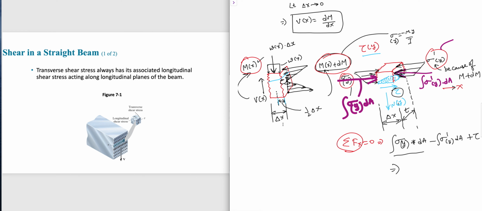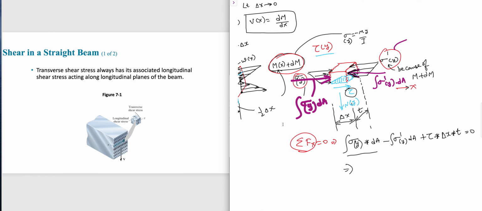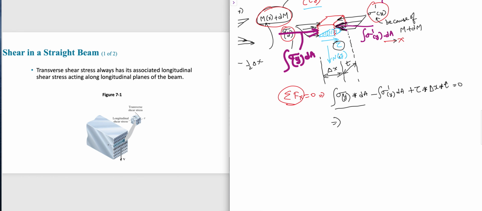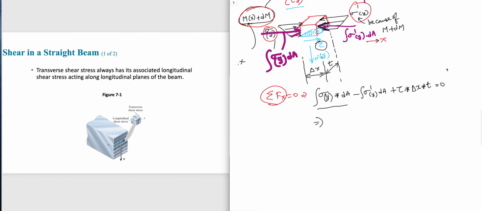We're almost there. We're coming closer. That implies, what is sigma dash y? Isn't it M of x plus dM times y over I? Now, this is the careful part that you have to really understand.